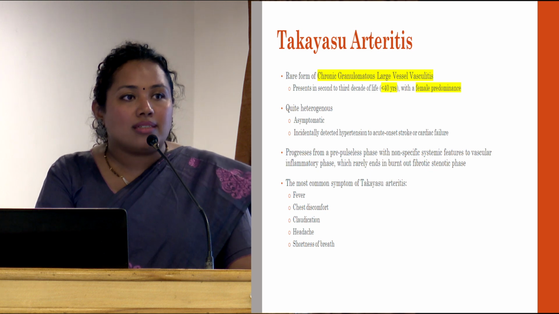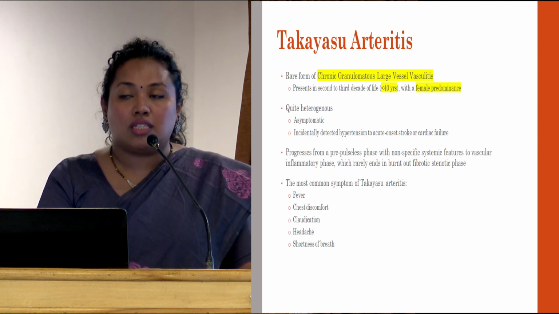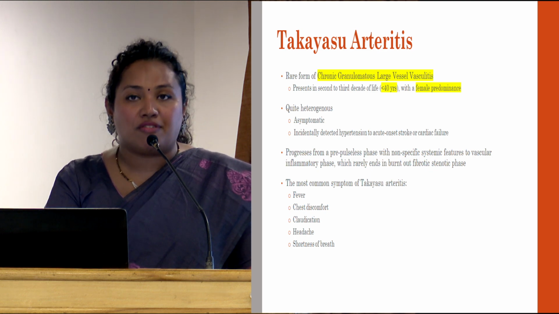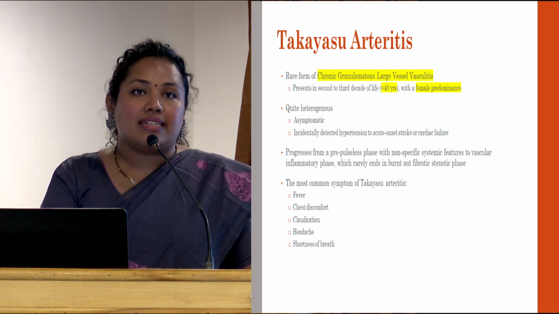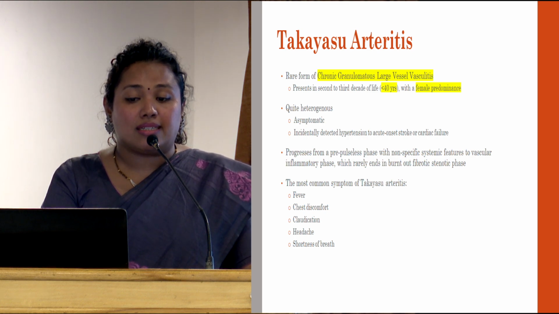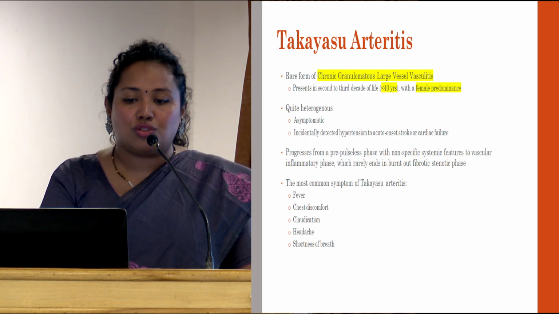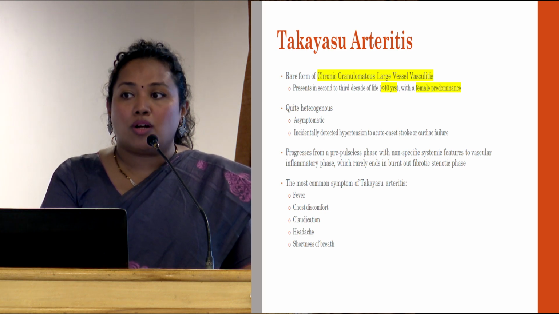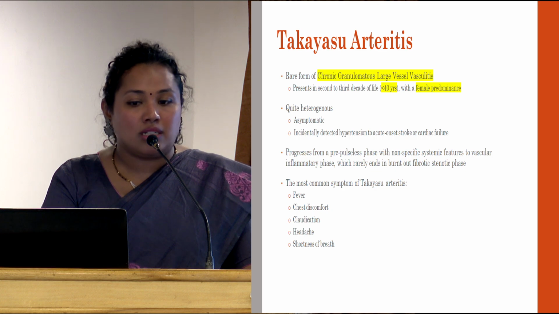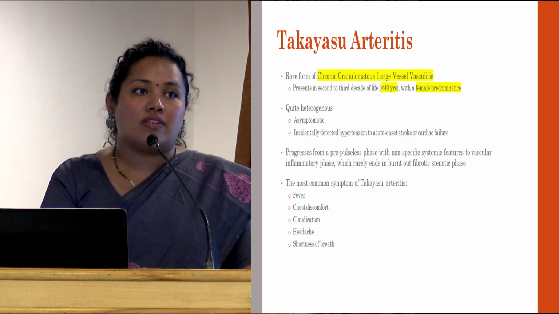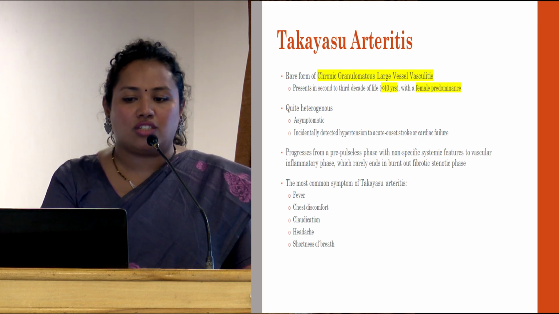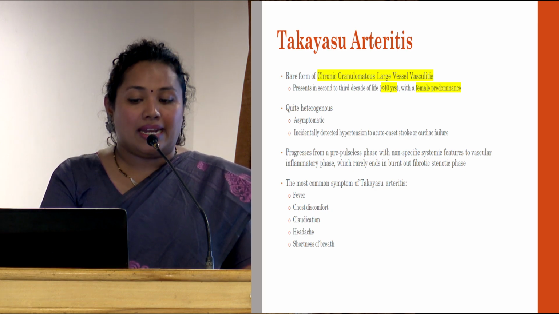The disease progresses from a pulseless phase with non-specific systemic features to a vascular inflammatory phase, which rarely ends in a burnt out disease. Most patients have constitutional symptoms like fever, but also present with chest discomfort and claudication pain. Based on the area of the large vessel involved, they can have upper limb claudication, lower limb claudication, headaches and shortness of breath.